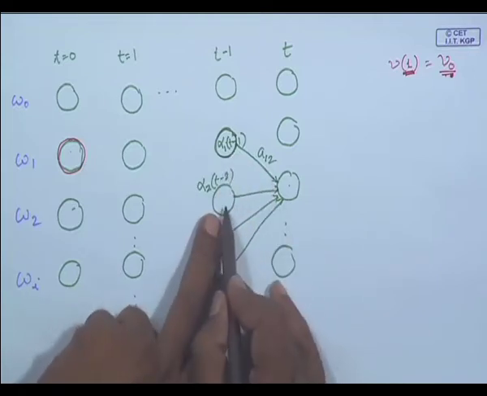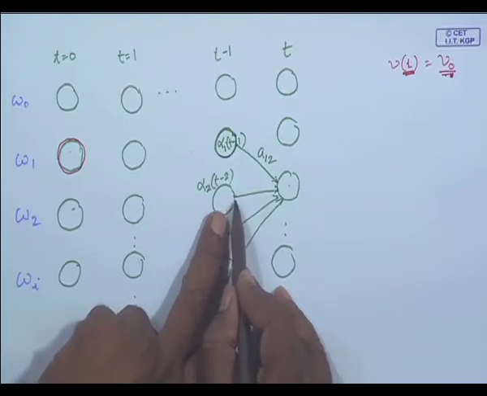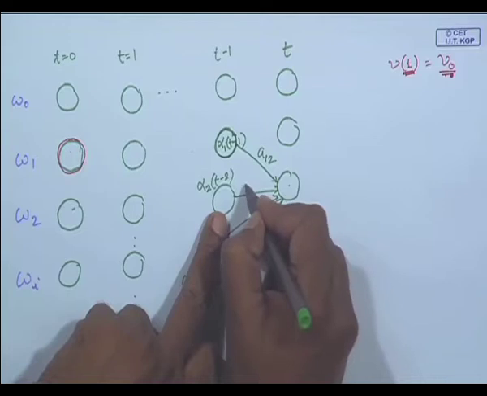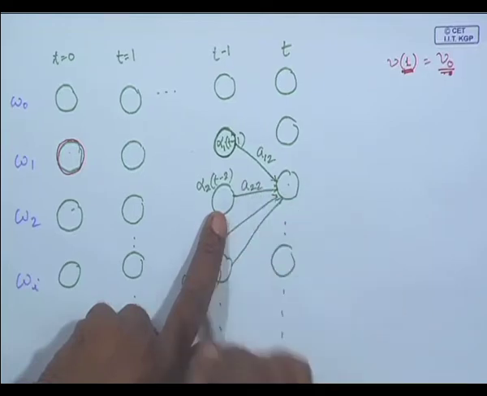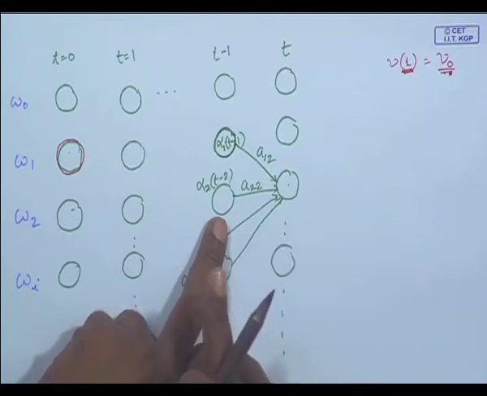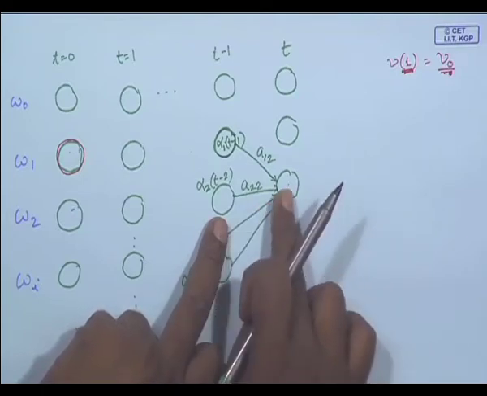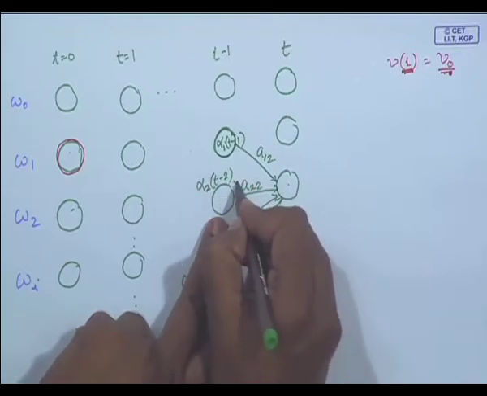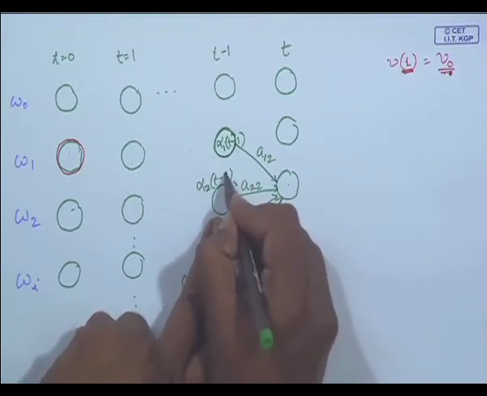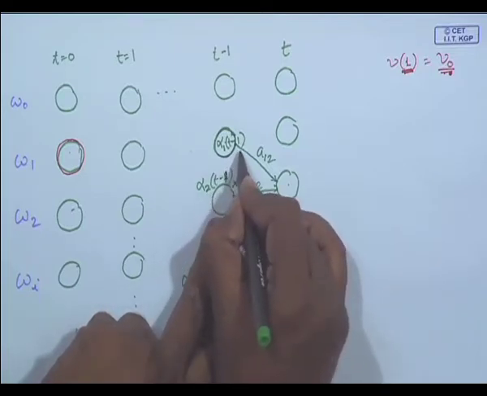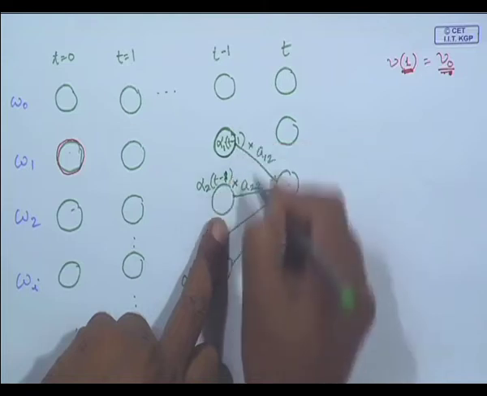Plus, I also have a possibility that the machine will make a transition from omega 2 to omega 2 itself, and this transition probability is a22. So, the probability that the machine makes the transition from omega 2 to omega 2 is nothing but alpha 2 (t minus 1) into a22. Here it is alpha 1 (t minus 1) into a12.